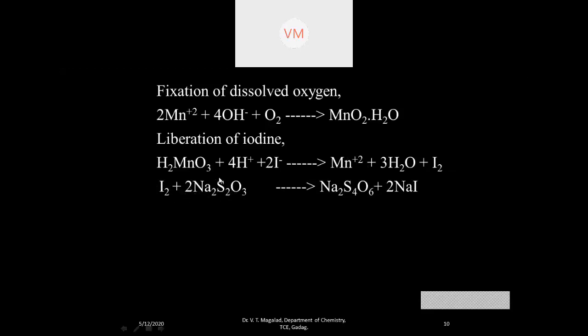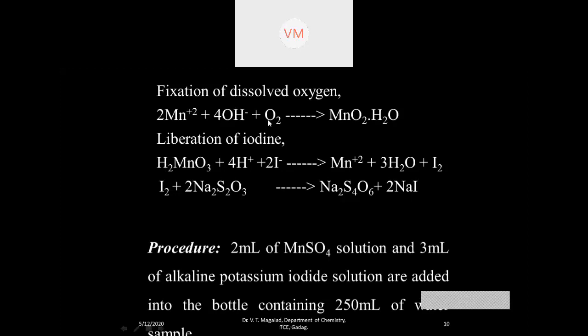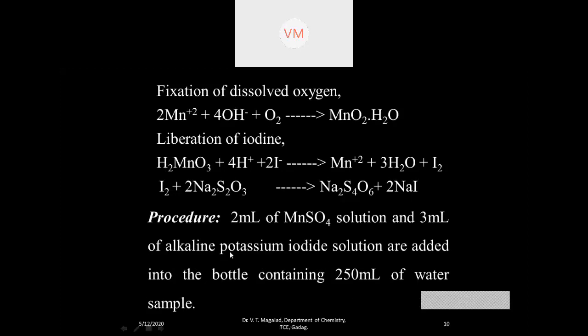By knowing the volume of the sodium thiosulfate, you will be able to understand how much iodine has been liberated. With that, how much hydrogen was associated can be understood. In that way, it is an indirect method of assessing how much oxygen is present in the water sample.